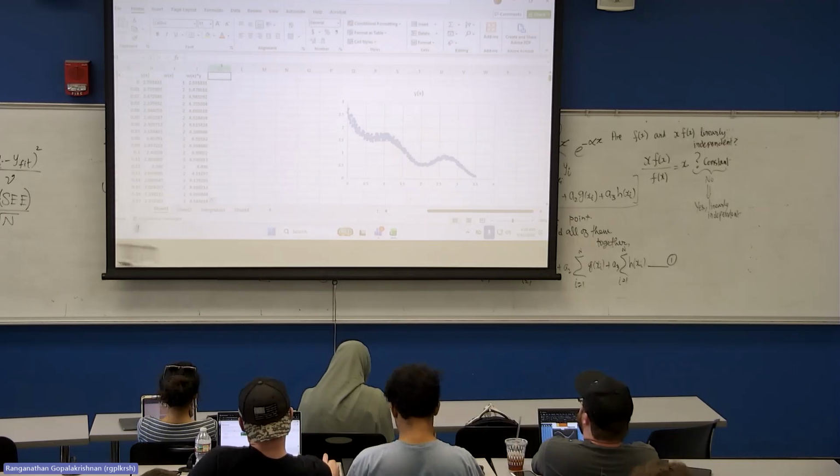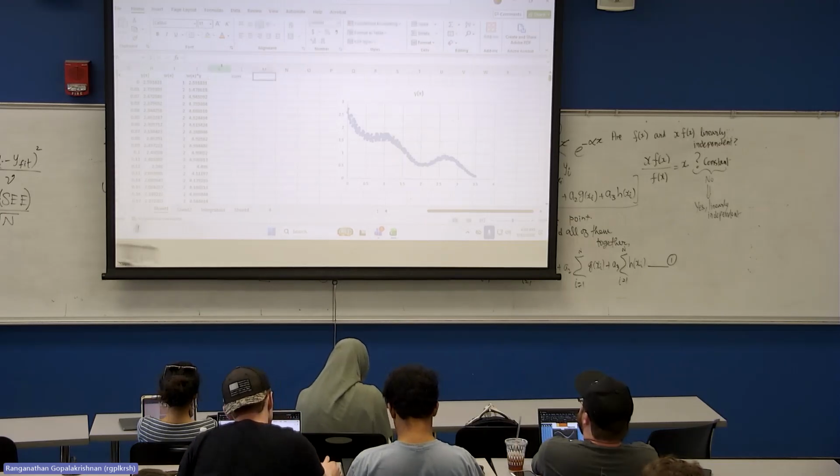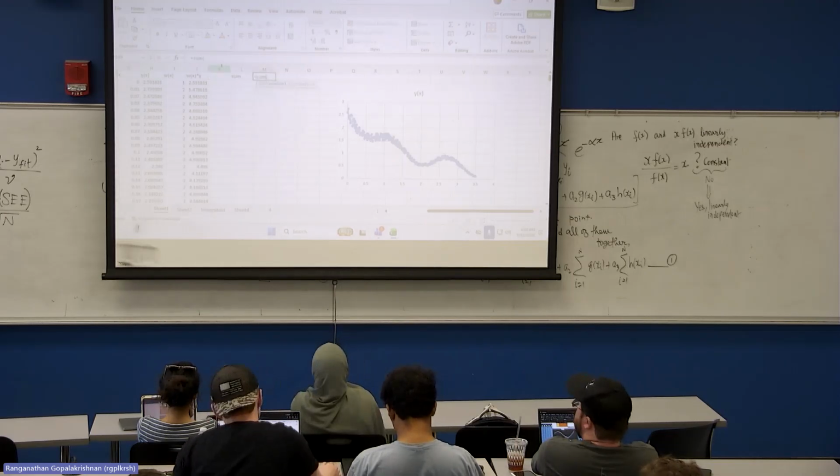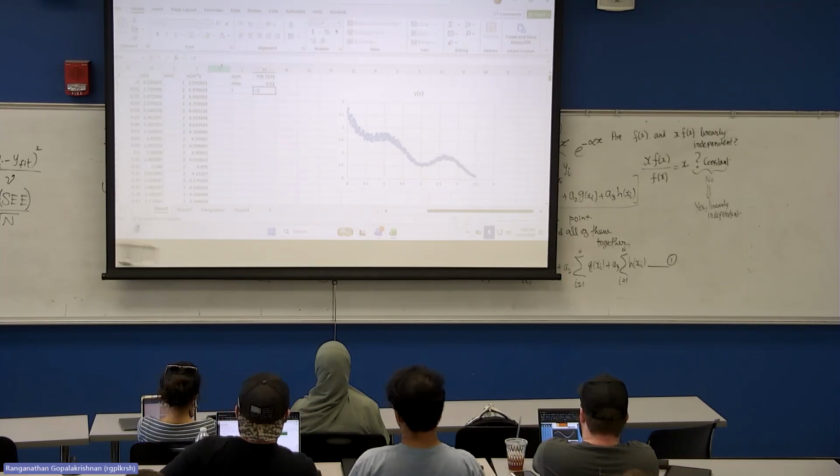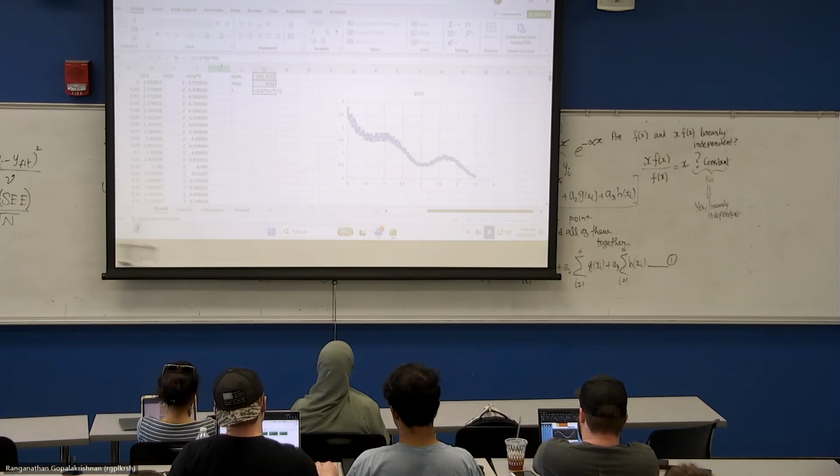And then I want to do sum. Sum is sum of this column. And what is my I? I is half times step length. So step length I could have just figured out from here. That's essentially the difference between x second value and first value. So this is half times delta x times summation.